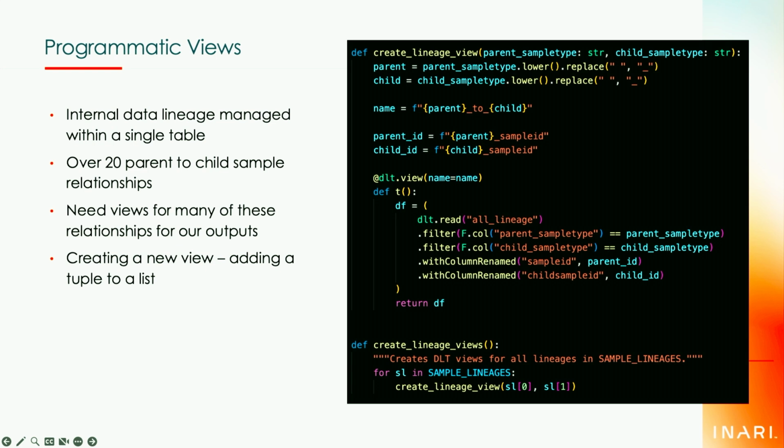And so what you can think about, though, is if we needed to link that plant to the DNA data that's coming from it, we start with that first table, and we create a data frame where we have the parent sample ID and the child sample ID, where the parent is the plant and the child is the plant sample. Then to link it to the DNA, we create a second data frame where the parent is the plant sample and the child is the DNA.